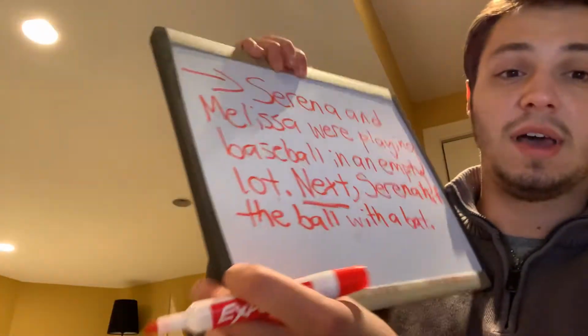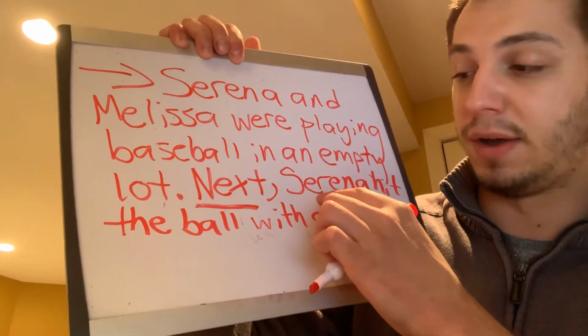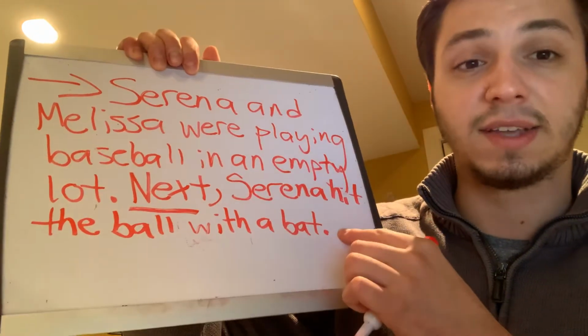Maybe on the next sentence, we can describe or write her exact words. So I can start the next sentence with the word she, because in the previous sentence, I just introduced Serena. So now I can begin the next sentence with she instead of using her name. I can write, she said, then I need my comma, quotation marks.